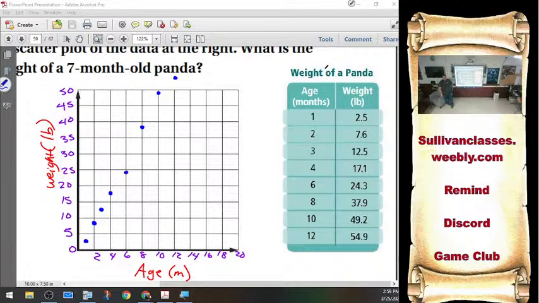I need to make a trend line. I hope you all have a straight edge with you, because you want to make a line that goes through at least 2 of those points. If it's not perfectly down the middle, if it's not right down the pipe, then you're going to try to make the same number of points on both sides.